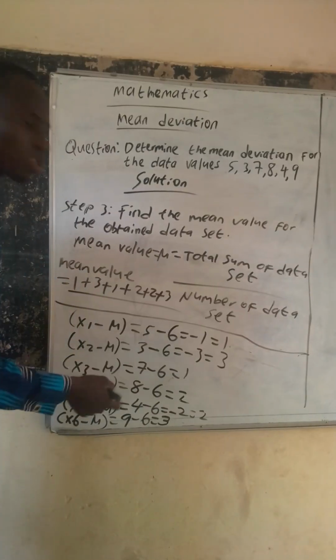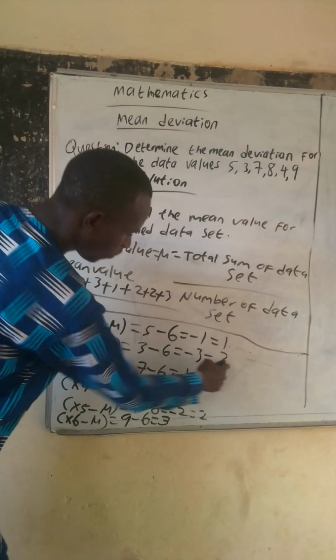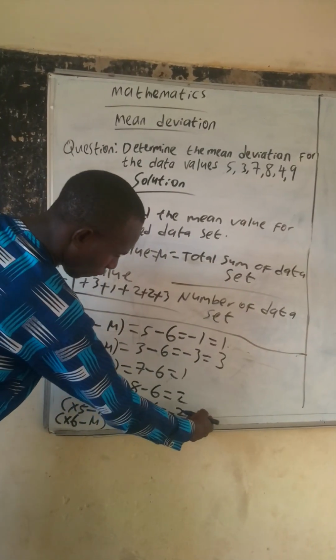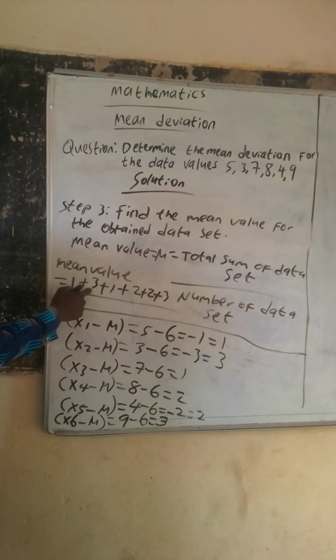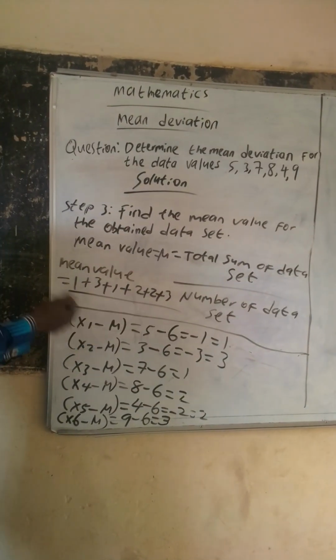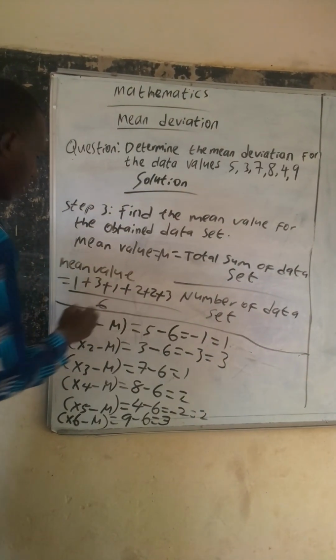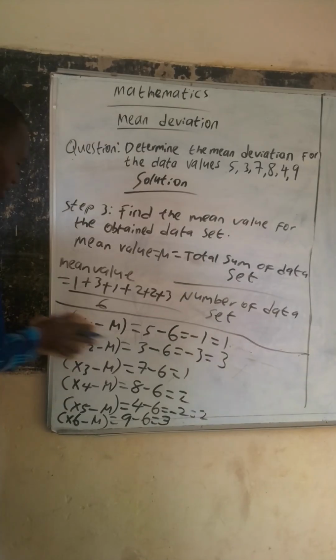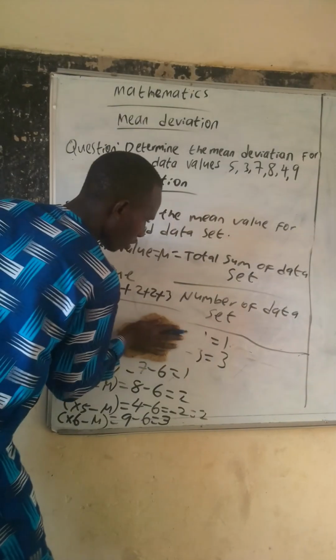Here also it is 6, because if you count these numbers, 1, 2, 3, 4, 5, 6, they are 6 in number. So we have divided by 6.